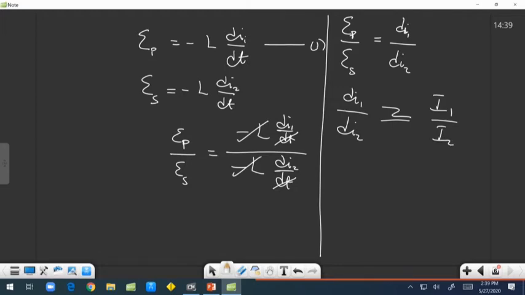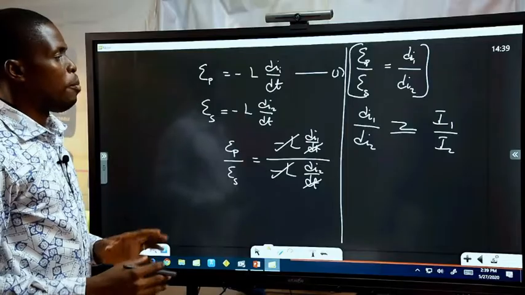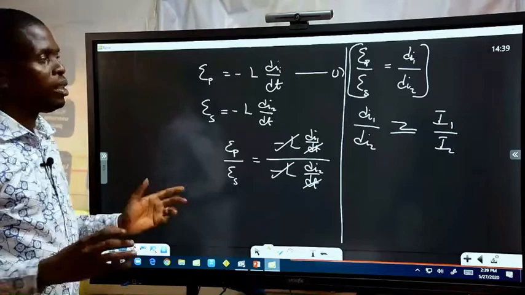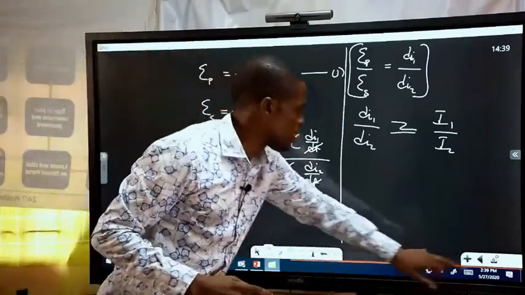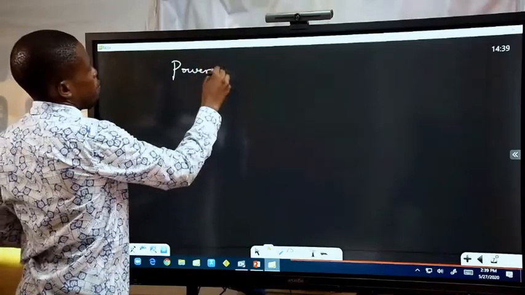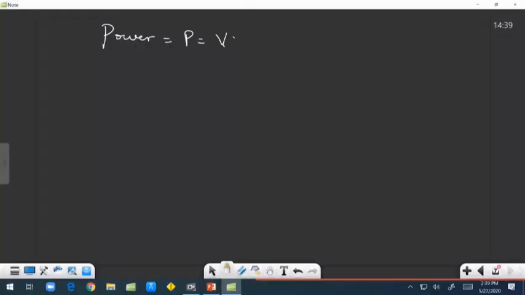But we can use the power at each stage to get the relation between the voltages. In order to get that, we say the power in the transformer, P, is voltage times current. The power at the primary is equal to the voltage at the primary multiplied by the current at the primary.